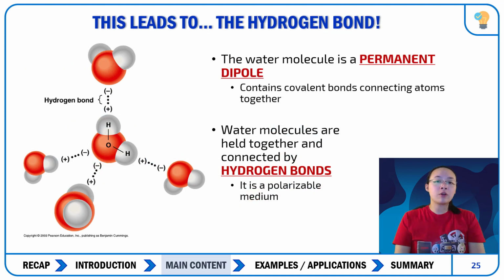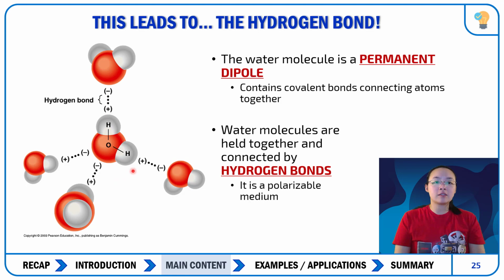With all our talk about covalent bonds and polarity, this leads us to the hydrogen bond. So we can finally talk about the hydrogen bond after all of our discussions and the introduction of intermolecular forces. We know that the water molecule here is a permanent dipole.